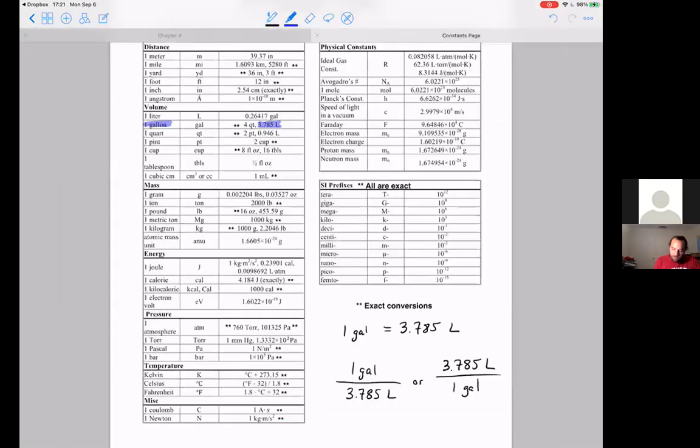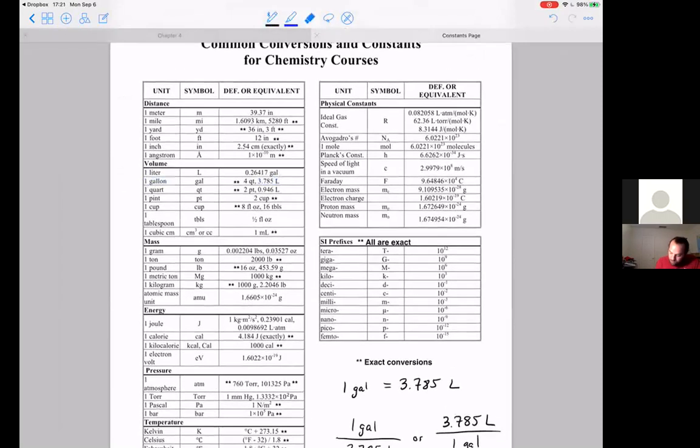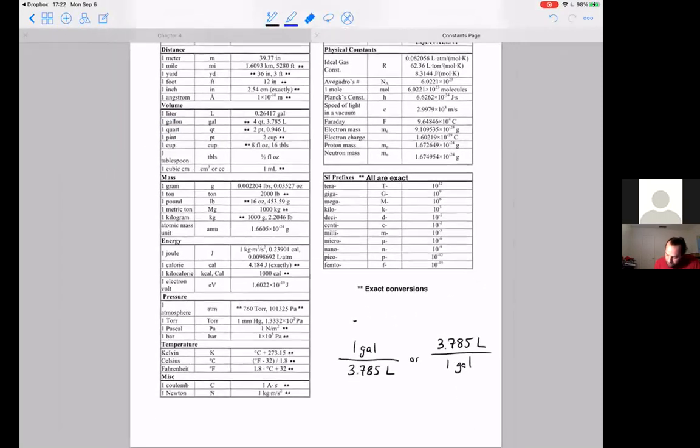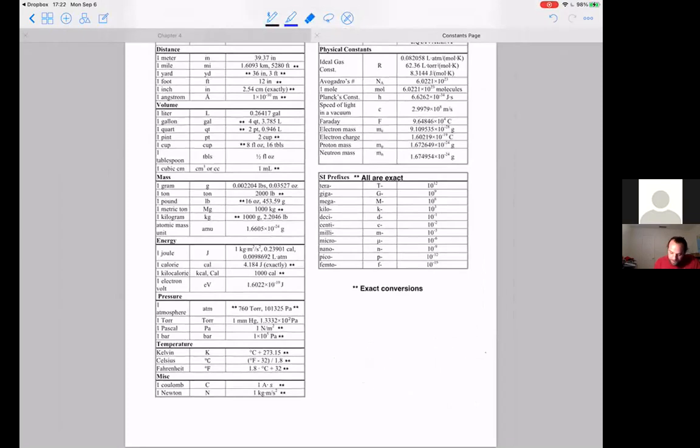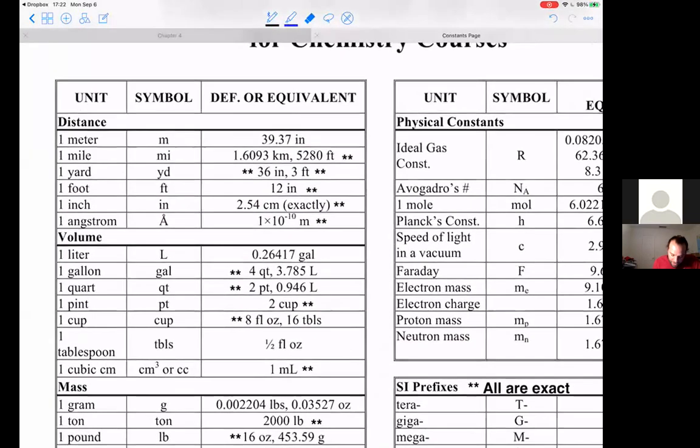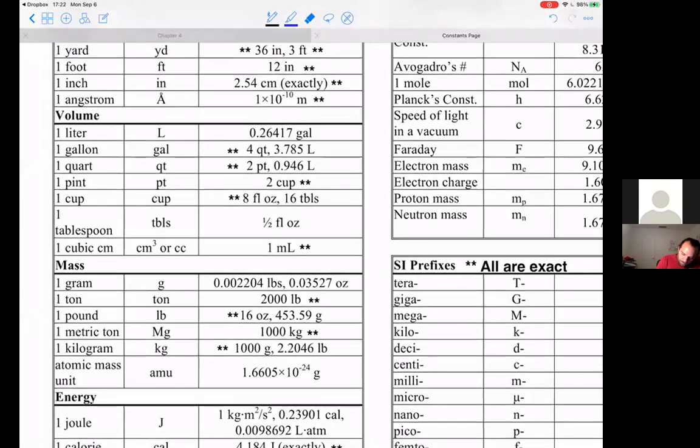I'm going to go to my constants page, to the mass section. I have grams to pounds, or pounds to grams, but I don't have pounds to milligrams or milligrams to pounds.